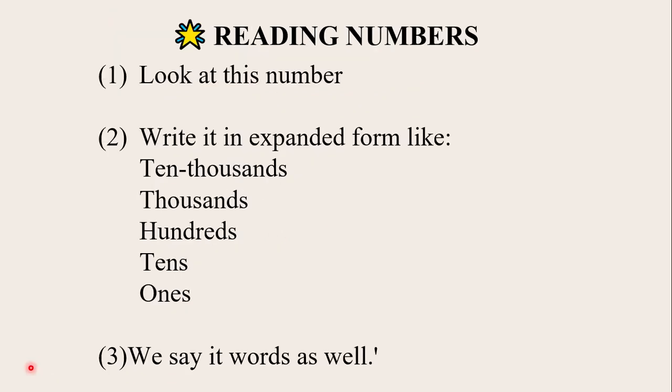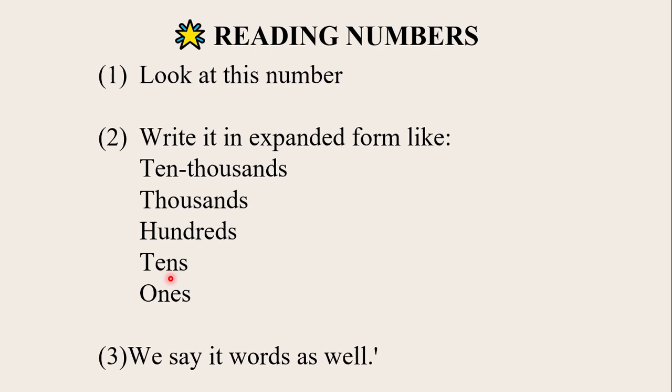So we move on to talking about reading numbers. We're going to have it in 3 steps. We would look at certain numbers in their standard form. We would write them in expanded form under these headings: the 10,000, the thousands, the hundred, the tens, and ones. We're doing that because we are working with 5-digit numbers.